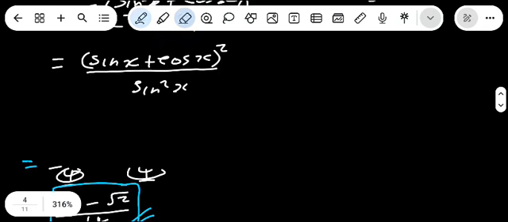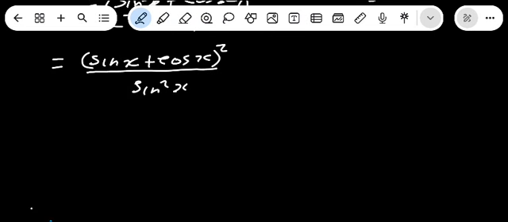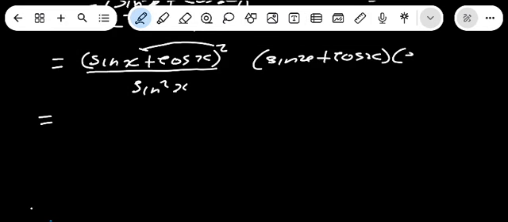Now what you have to see there on the top, you can distribute this. This is the same as having sine x plus cos x multiplied by sine x plus cos x.